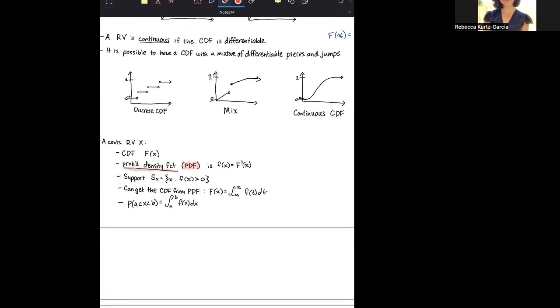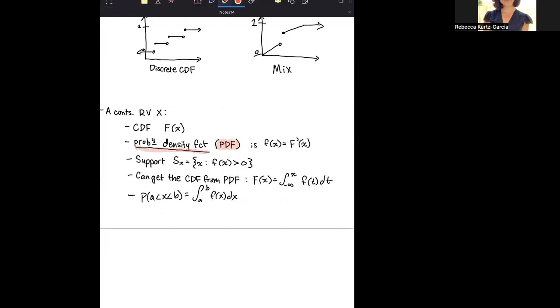This is in contrast to the PMF we talked about with discrete random variables. So we're no longer using PMFs. We are now switching over to PDFs. The support of a continuous random variable is the values that have a positive value for the density function. So that's a lot like what we saw with PMFs with discrete random variables.